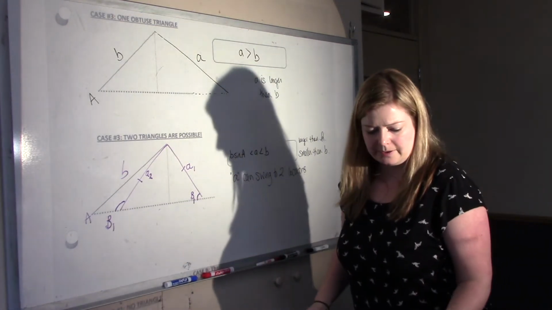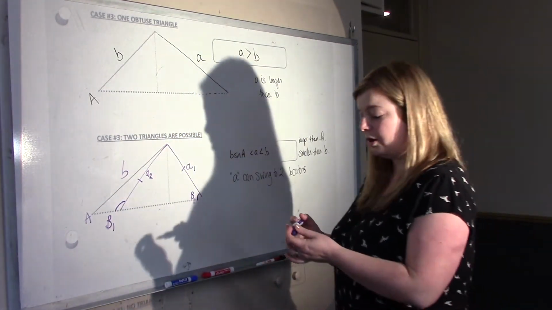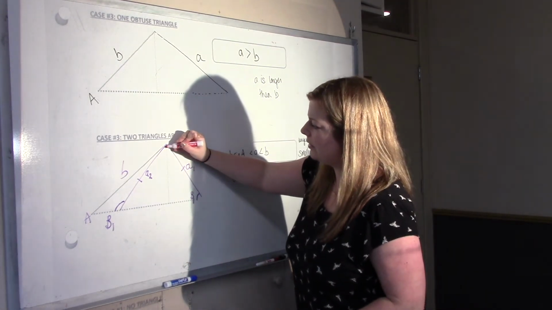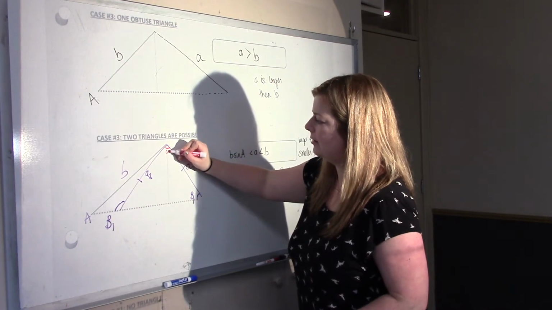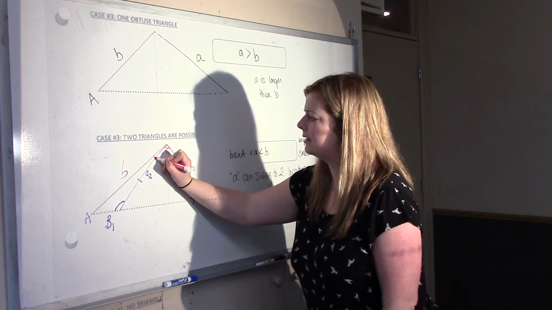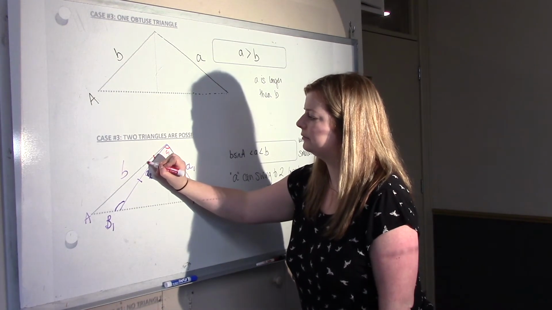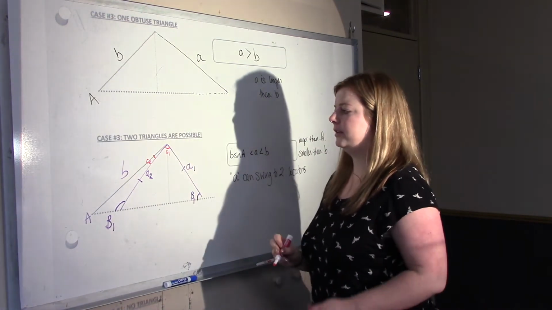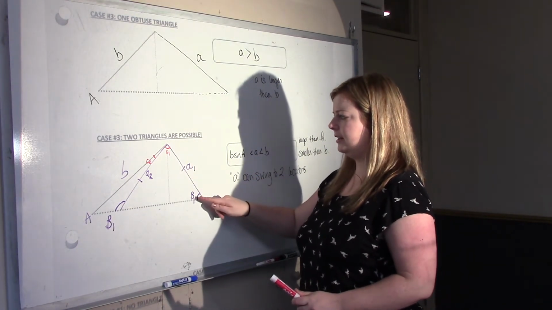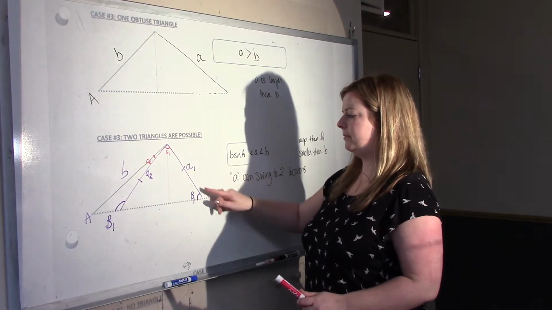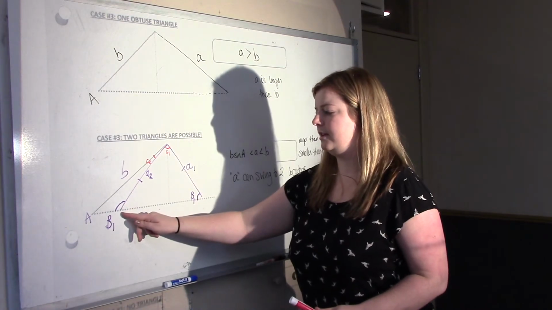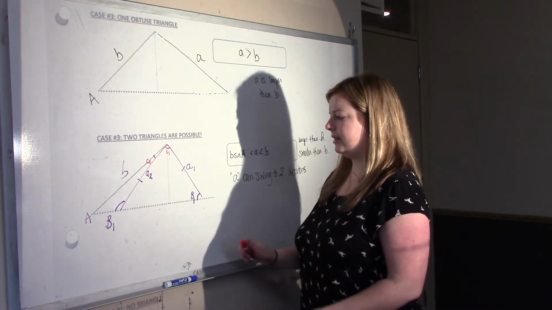Okay, now note that you also have two different options for C. C is either this size right here, or it's this size right here, depending on if you're looking at triangle A, C1, B1, or A, C2, B1. Okay, that will change.